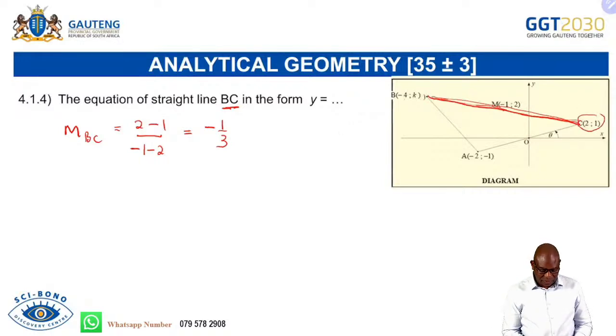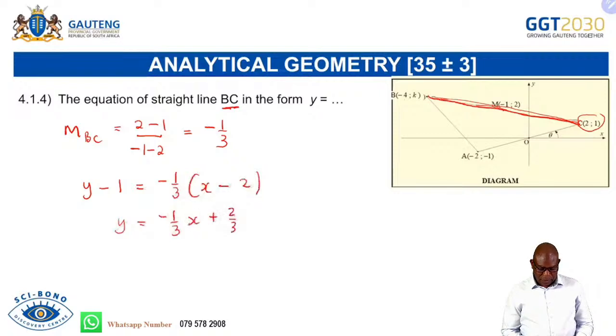I hate negative numbers. So I'll say y minus 1 equals negative 1 over 3 times x minus 2. Once I've done that, I'll have negative 1 over 3 x plus 2 over 3 plus 1. So y will be equal to negative 1 over 3 x plus 5 over 3.